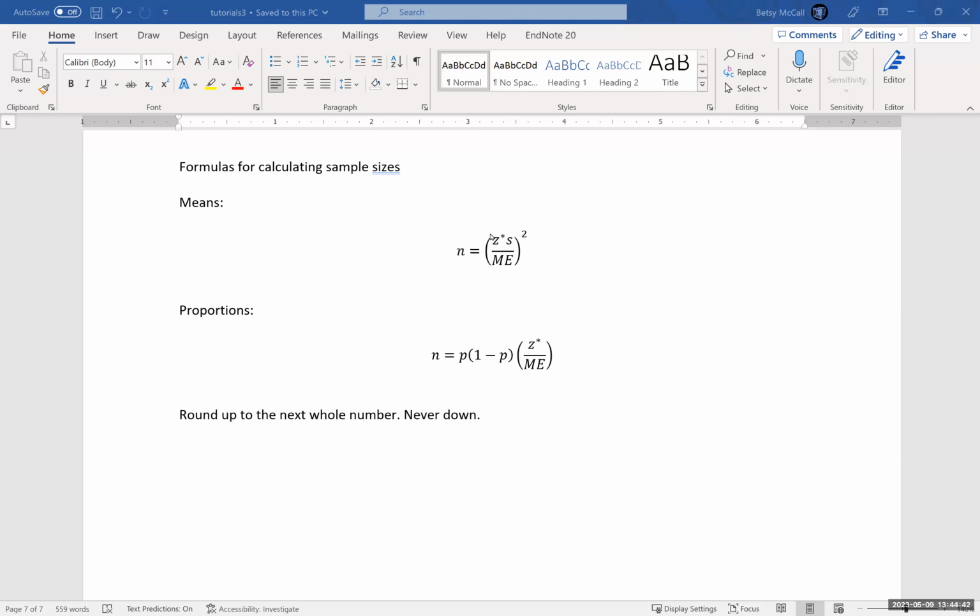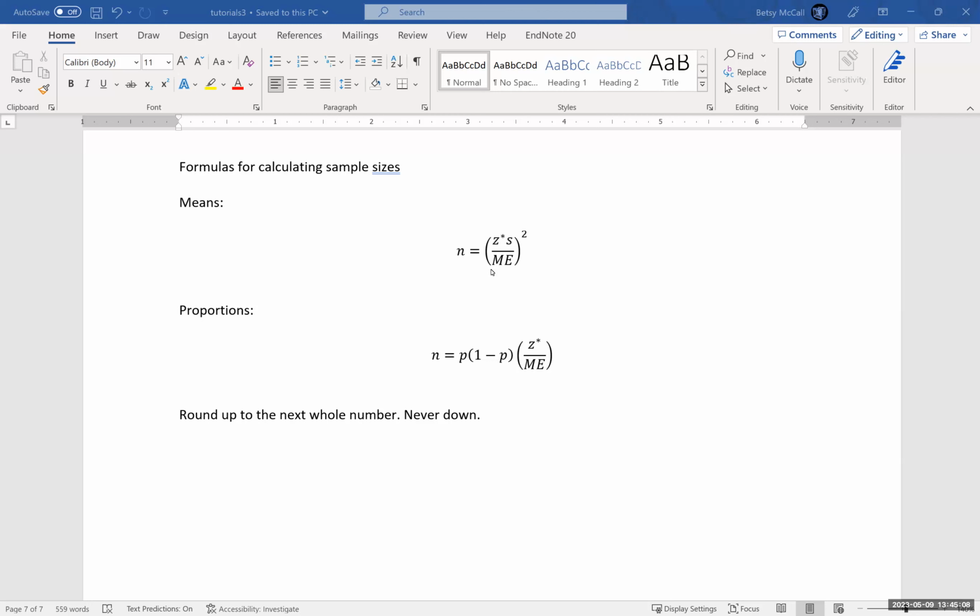So think about it as a threshold. Now, both of these formulas are going to use z-scores in them. For means problems, we typically calculate margins of error using t-scores, but t-scores depend on the degrees of freedom, and that's the sample size. So we can't actually use t-scores here. So we are going to get an estimate essentially from using the standard normal distribution.